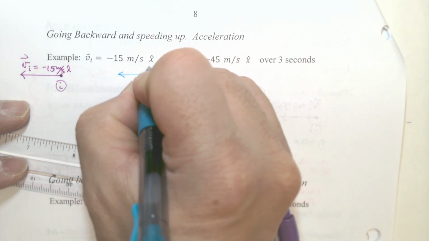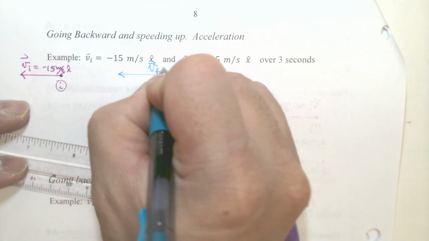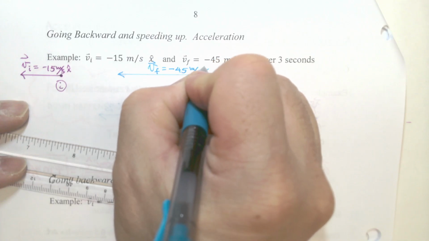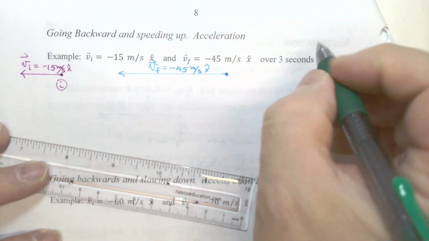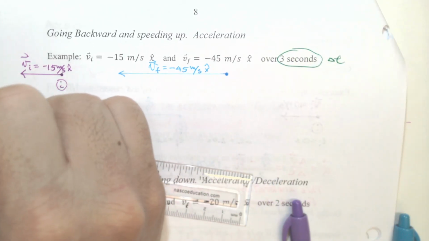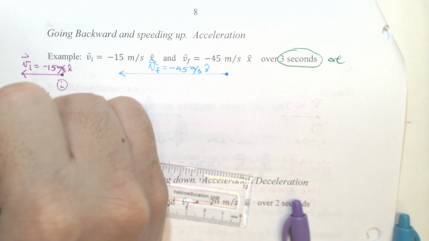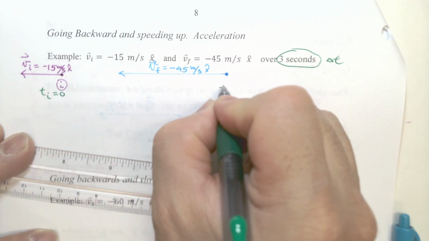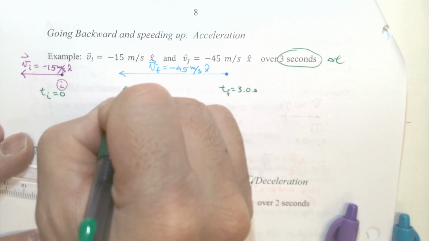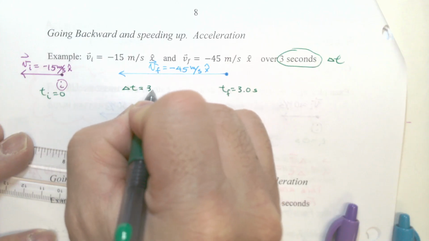So this is your V final, negative 45 meters per second x hat, and your delta t is 3 seconds. Your t initial is 0, your t final is 3 seconds, so your delta t is 3 seconds.